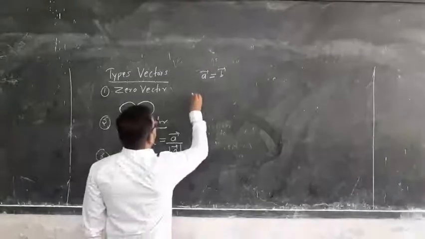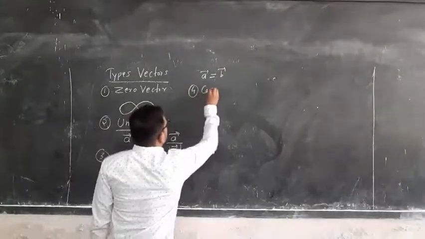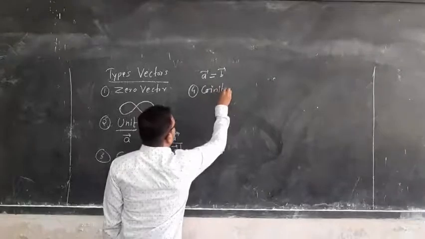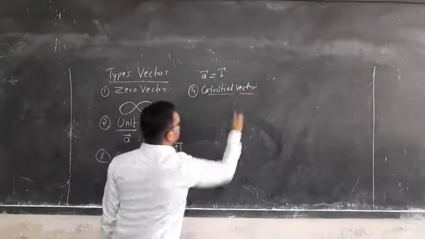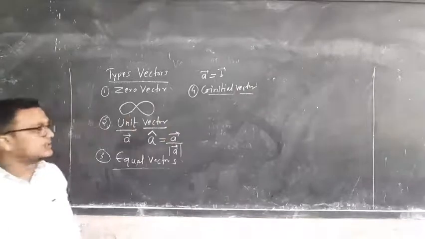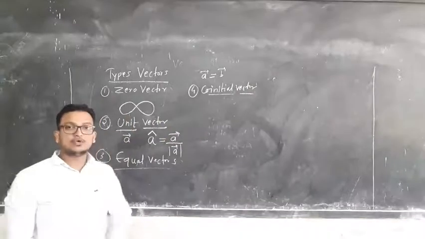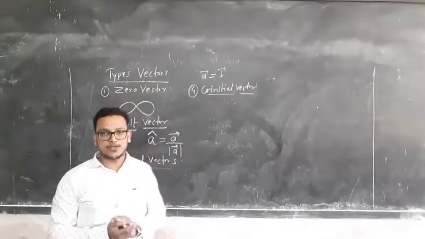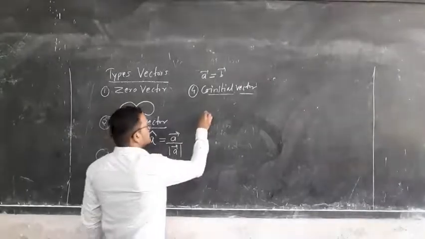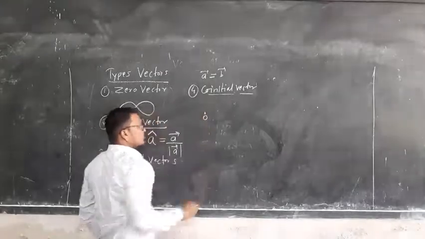Next, the fourth one, co-initial vectors. Co-initial vectors mean two or more vectors having the same initial point. Suppose the initial point is O here.